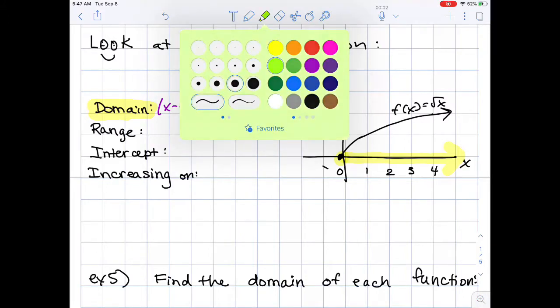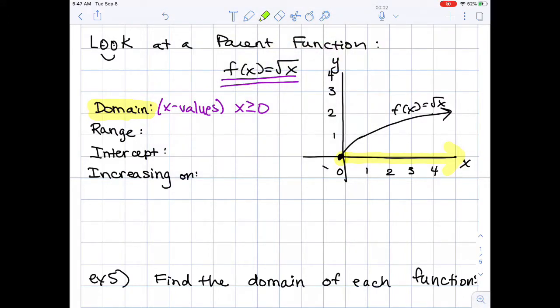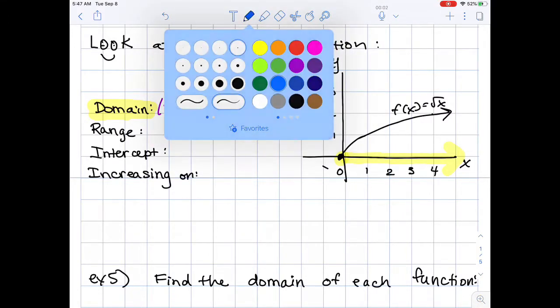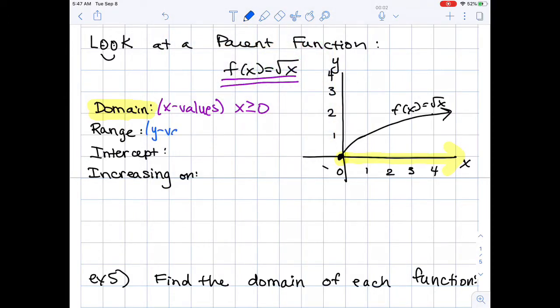For the range, remember that those values are our y values. For the range, we can only follow those values up, because as we follow this curve here, the y values are also only going upwards.